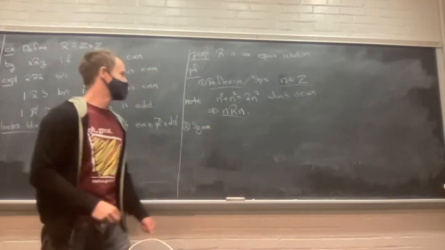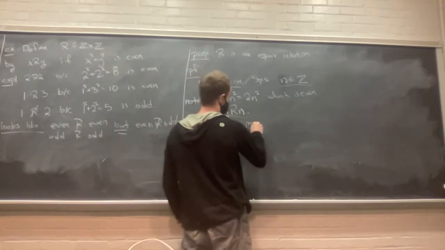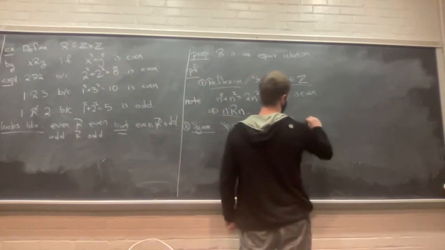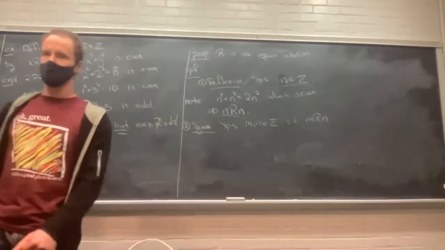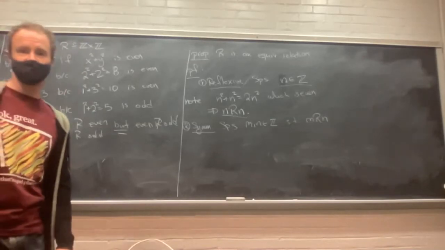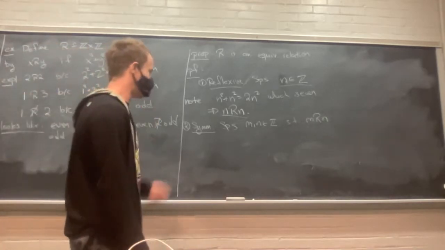Okay, so now let's do symmetric. We'll suppose that m and n are in Z such that m is related to n, and what we want to end up with is that n is related to m. So let's see how we can do that.